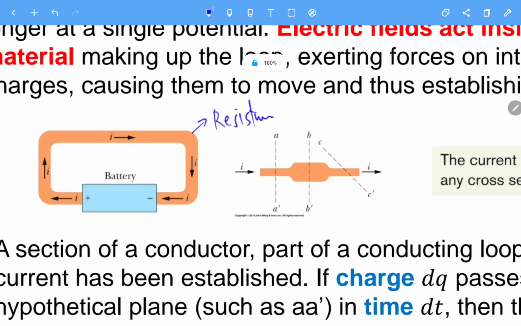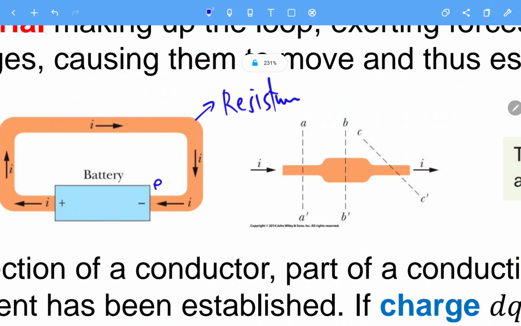And of course, the moving particle is the electron, and the E field should follow the direction of the current. Here you can see this is a negative charge, so the force acting on the electron should be opposite to the direction of the E field. So F acting on the electron should point the other way around. So in this case, it's counterclockwise.